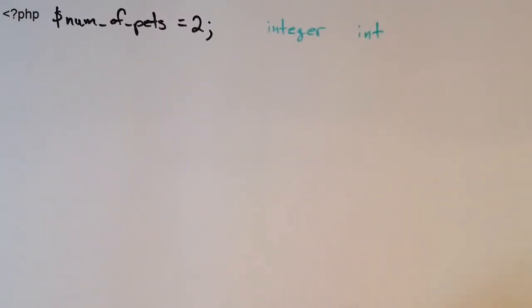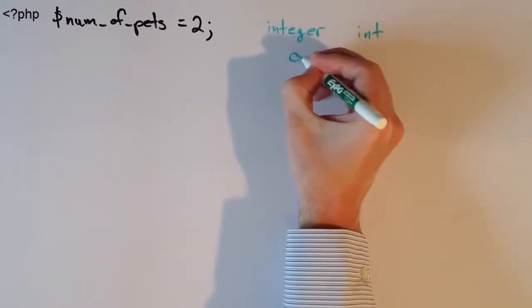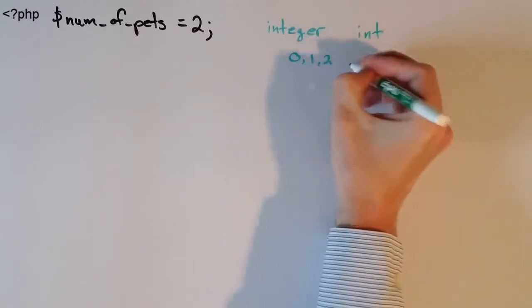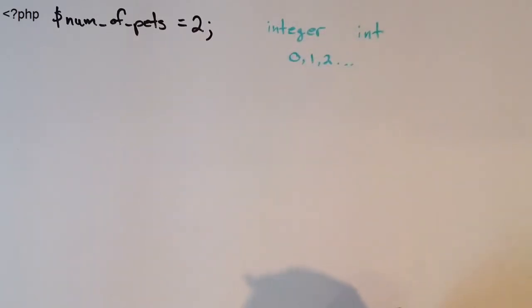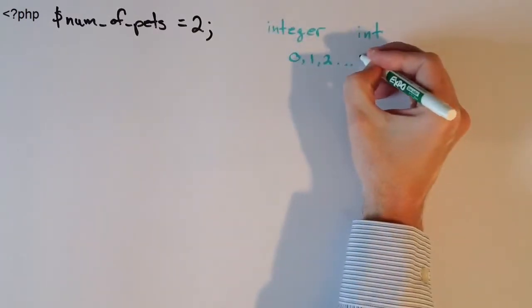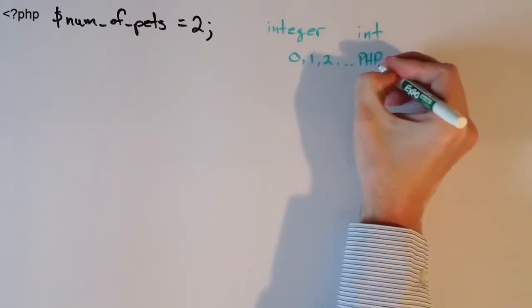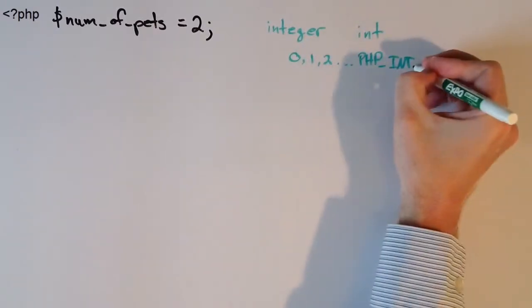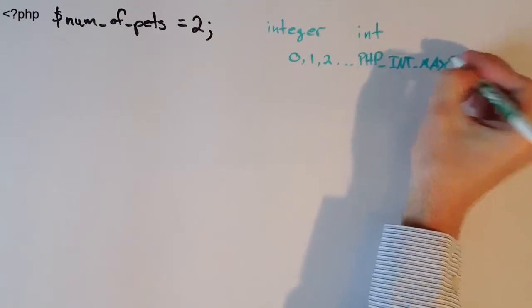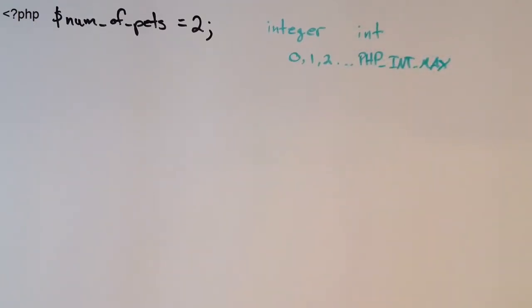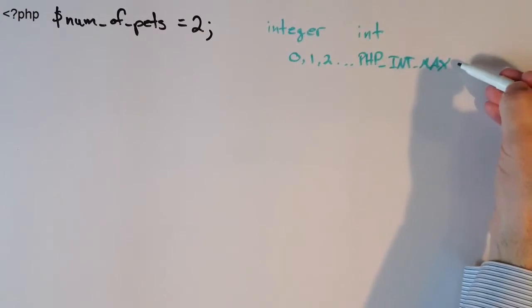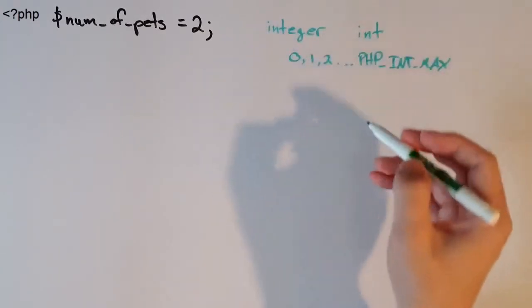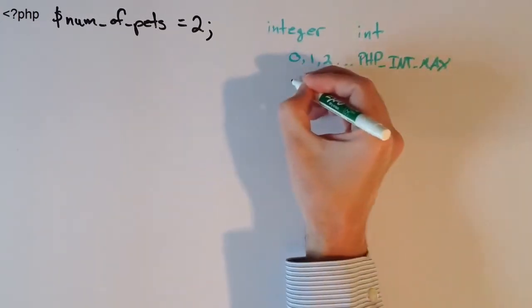And those are generally numbers, whole counting numbers in mathematics, 0, 1, 2, and it goes all the way to probably, I don't know what the exact value is, but it's defined by a constant in PHP called PHP_INT_MAX. So whatever that number is, and it depends which operating system you run it on, that's the maximum integer you have. In addition to that, it also works on the negative number scale.